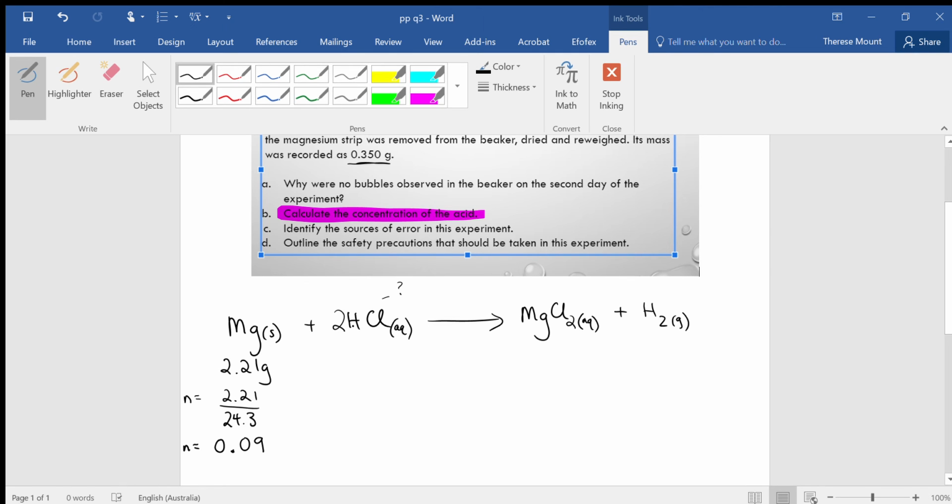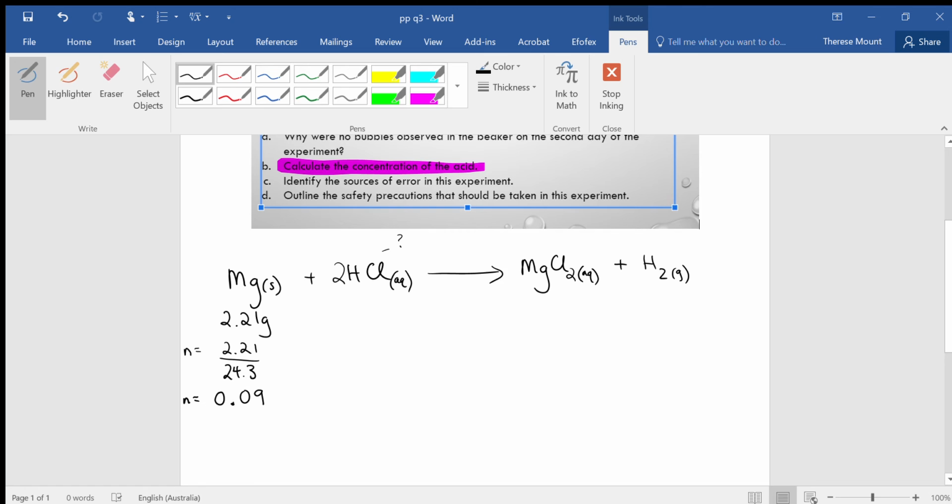So how much would react with that many moles of magnesium? How many moles of hydrochloric acid? So hydrochloric acid, therefore, is my unknown mole value that I want to find out. So then I take the coefficient of my unknown, place it over the coefficient of my known. That's my molar ratio. I multiply by the mole value that I do know, which is that much.